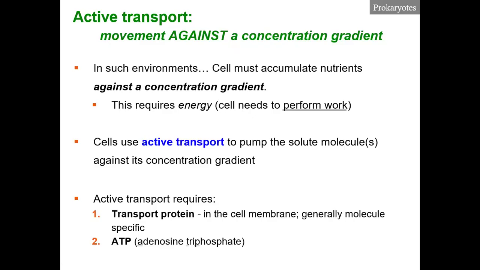So we have 3 different active transport proteins for pumping in those 3 different types of sugars. Any question about any of that? So obviously we have 20 amino acids in humans. We must have 20 different active transport proteins for the amino acids to bring the amino acid into the cell.